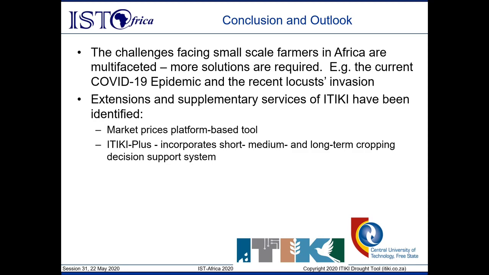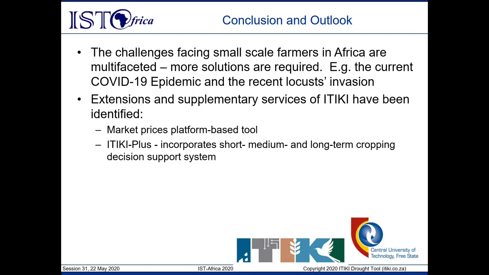And recently, in the last 3 months or so, there has been a locust invasion, especially in Kenya, and spread to Uganda. Such things are beyond the control of a human being and affect the farmers significantly, and a solution for drought prediction alone cannot work in isolation.